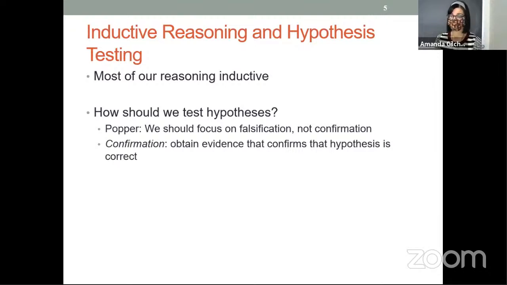And it turns out that most of our reasoning is very inductive. We have a lot of general ideas of how we think people behave, how the world works. And so we're often thinking about these general ideas and then applying them in very specific terms. Now, nowhere does this come into play more than when we do something called hypothesis testing.